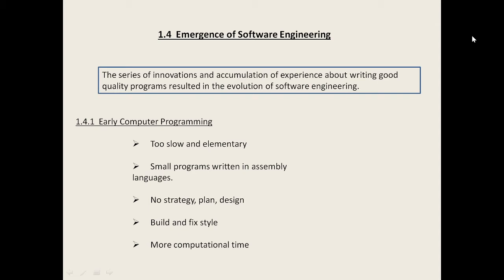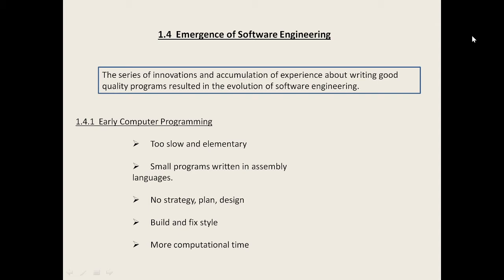So the emergence of software engineering is of course the result of a series of innovations and accumulation of the experience we could recollect, or learn from the past mistakes also.